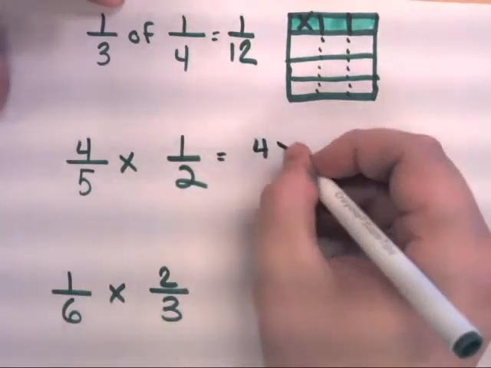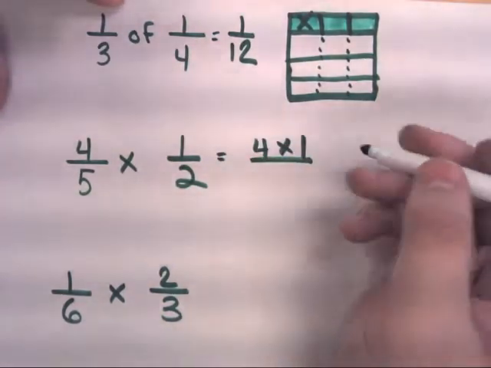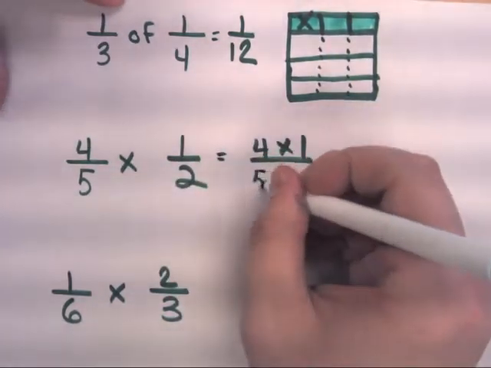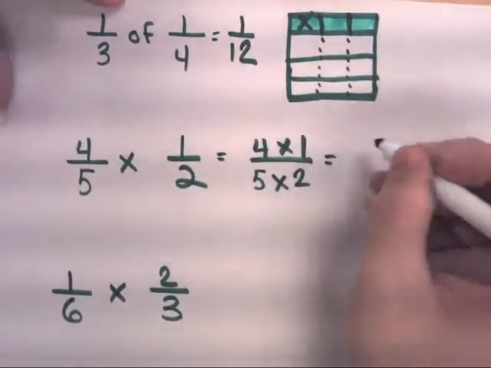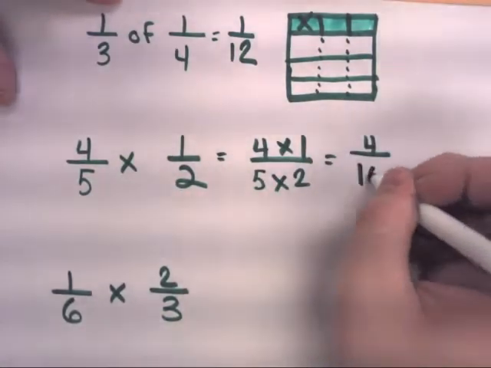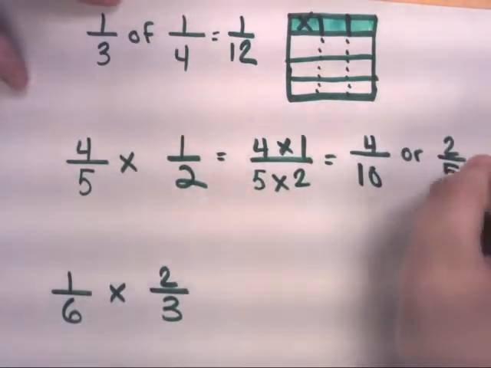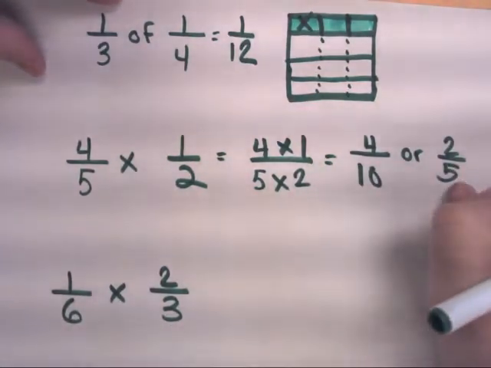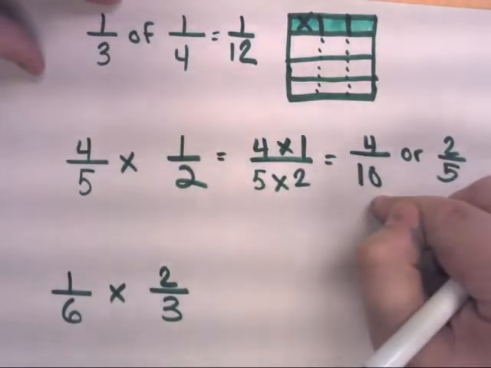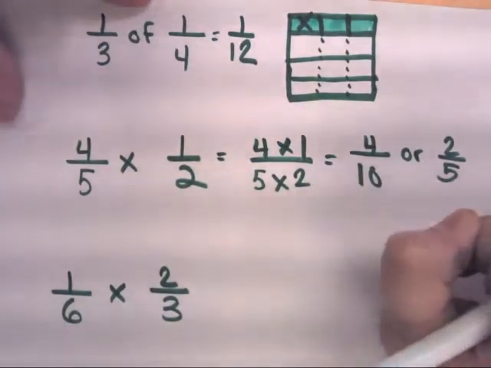So, multiplying the numerators 4 and 1 together, multiplying the denominators 5 and 2, we end up with a product of 4/10, or 2/5 if a student wants to simplify this fraction. Either product would be acceptable.